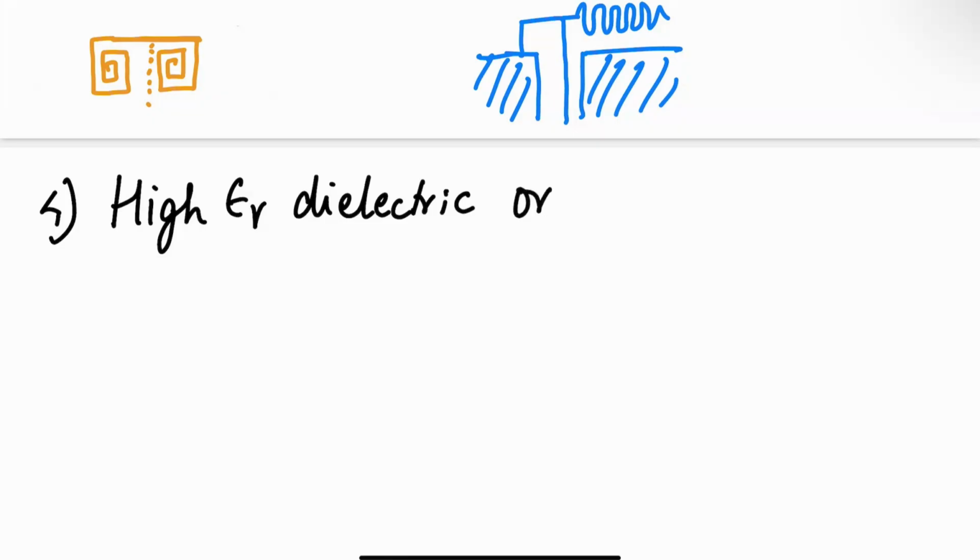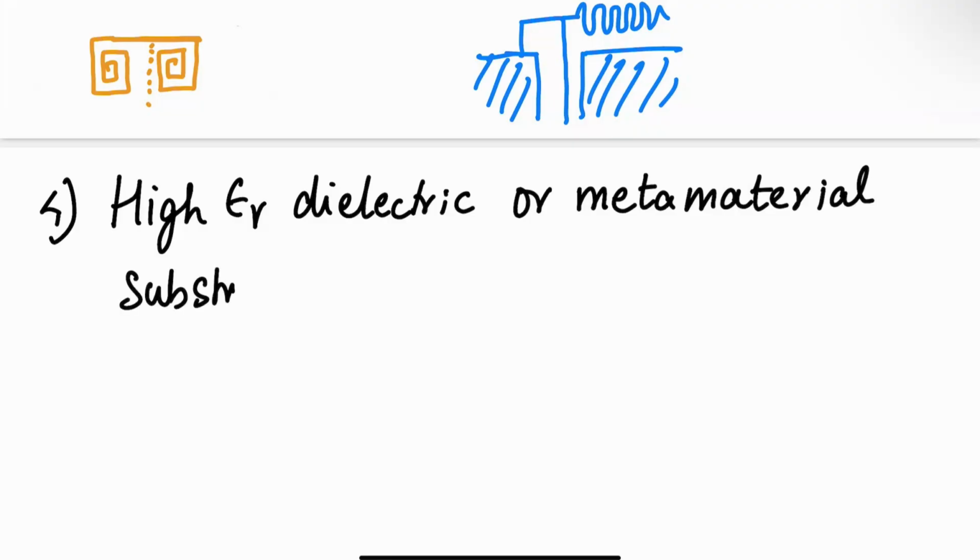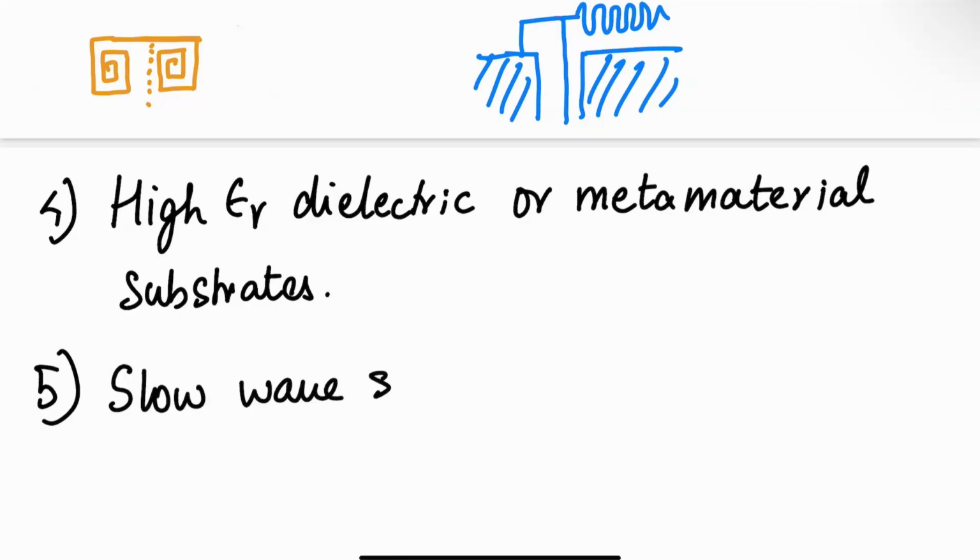Or you can use engineered substrates, metamaterial substrates. I'm not going to discuss that right now, but essentially you can engineer the epsilon in such a way that you can miniaturize the wavelength inside it. And it's the same idea here, where you can use slow wave structures, slow wave antennas.